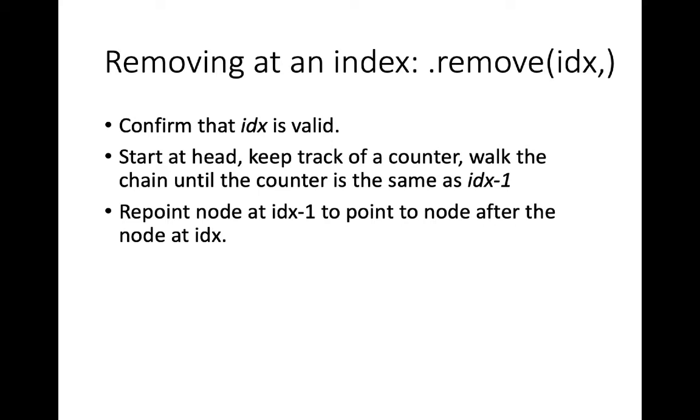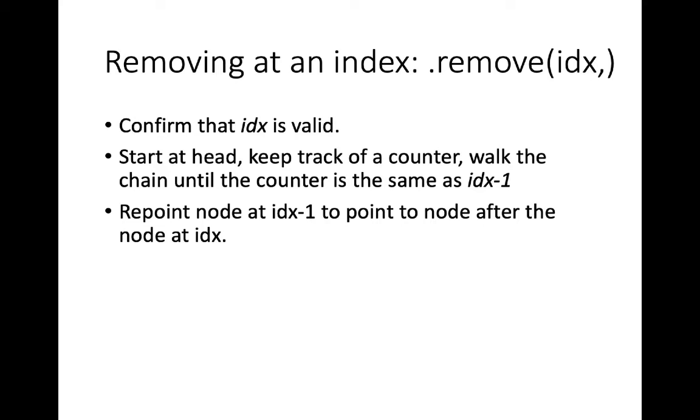Okay, so let's look at the algorithm for removing from a linked list. Again, confirm that index is valid. We've talked about that enough. I'm not going to repeat it. Again, start at the head and keep track with a counter and walk the list until you get to index -1, right? Because we're trying to remove the thing at index. And so we want to stop just before we get to index.